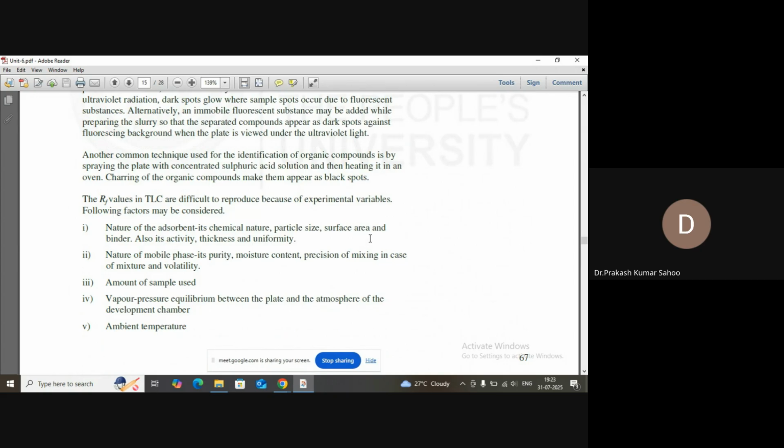The same way the retention factor is calculated: the distance traveled by the solute divided by the distance traveled by the solvent. The Rf value depends on the nature of the adsorbent, its chemical nature, particle size, area, and the interaction of the binder. Also its activity, thickness, and uniformity.